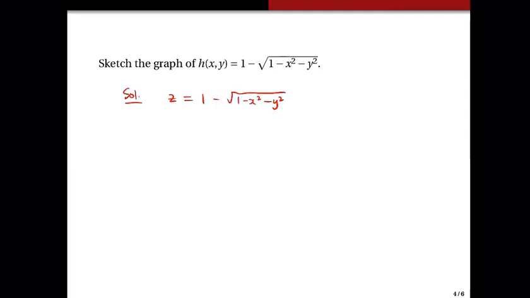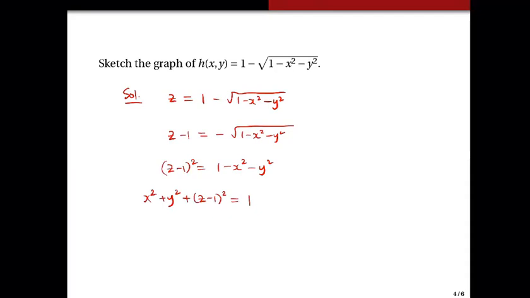And you will see, you will have z minus 1 equals minus the square root of 1 minus x squared minus y squared. If you square both sides, you will get (z minus 1) squared equals 1 minus x squared minus y squared, and with further simplification, we have x squared plus y squared plus (z minus 1) squared equals 1.